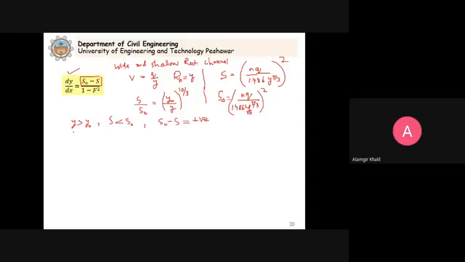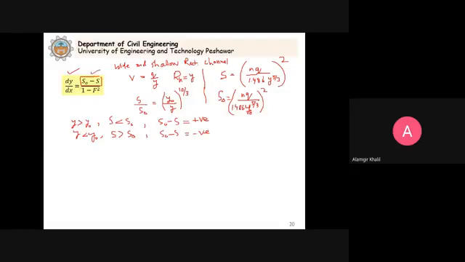And if we have Y less than Y naught, then S will be greater than S naught, and S naught minus S will be negative. So this is how you can determine the sign for this numerator.